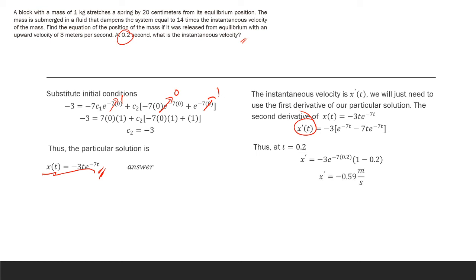So, x prime is equal to negative 0.59 meters per second. Therefore, our velocity is 0.59 meters per second. What we got is negative, which means that at t is equal to 0.2, the mass is moving in an upward direction.